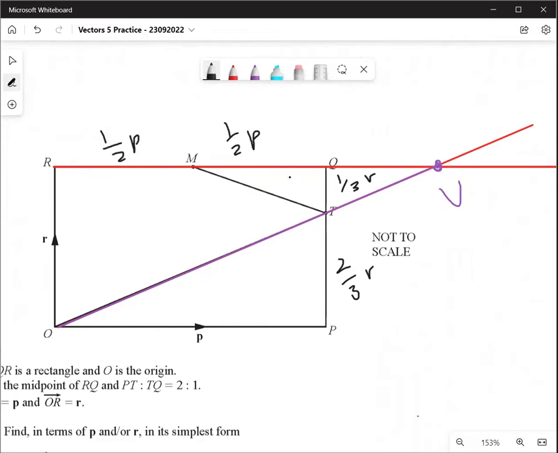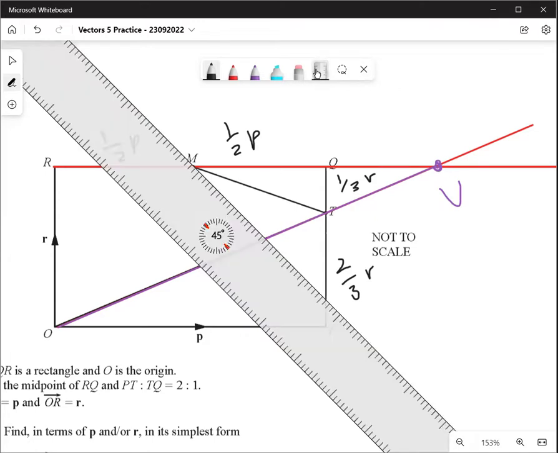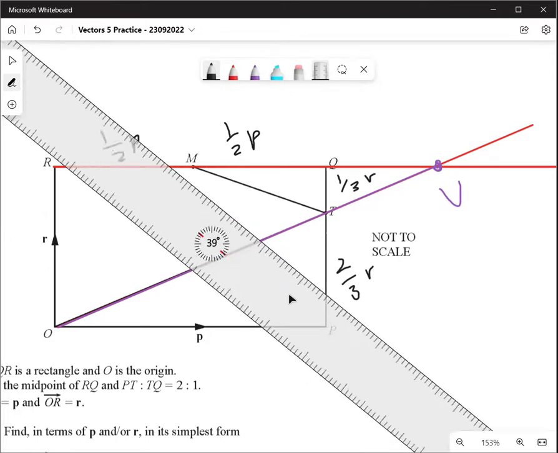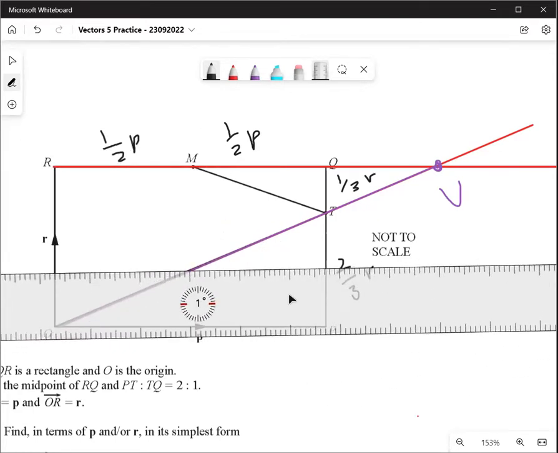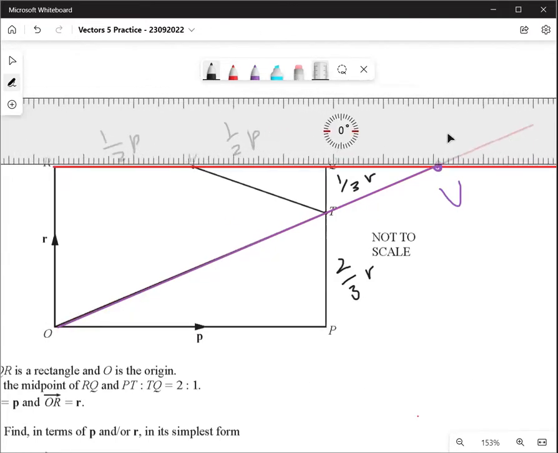Okay. Now, how do I know how much is QU and how much is TU? Now that depends on if you use a scale, you will realize by using a scale. Let's take our scale here. This is the scale here, okay?